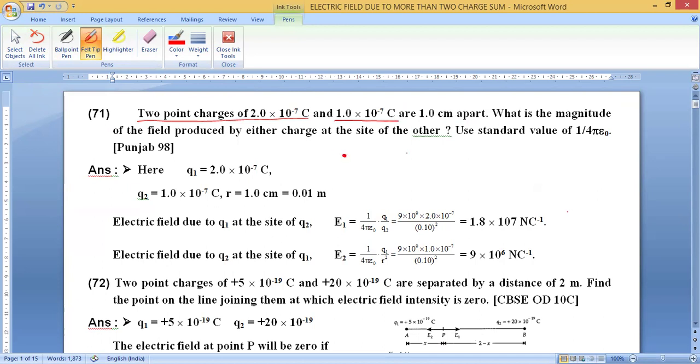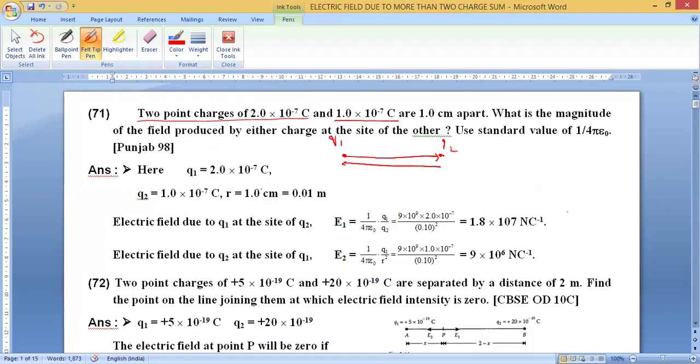So both charges are 1 centimeter apart. This is the Q1 we take, this is the Q2. What is the magnitude of field produced by either charge at the site of the other? So first, how much field will Q1 produce here, and how much field will Q2 produce here.